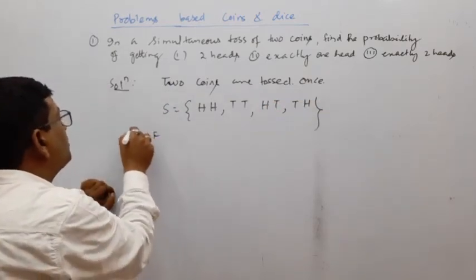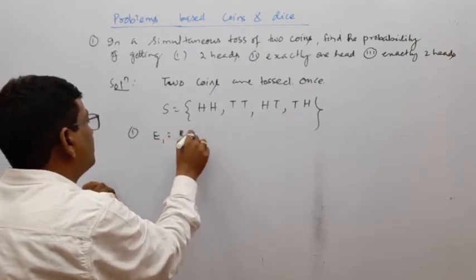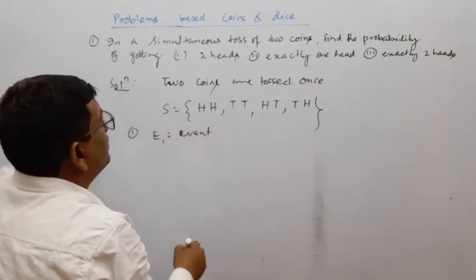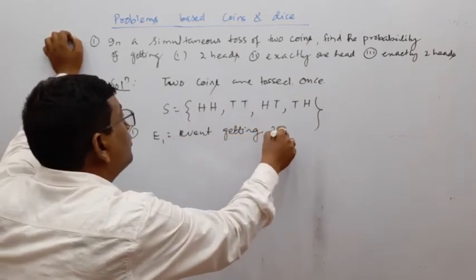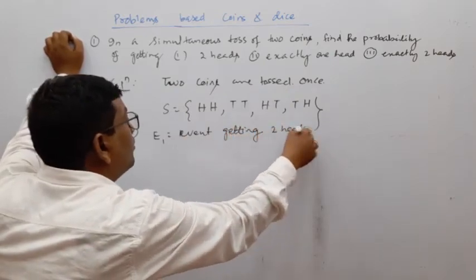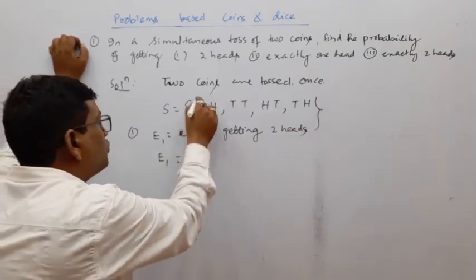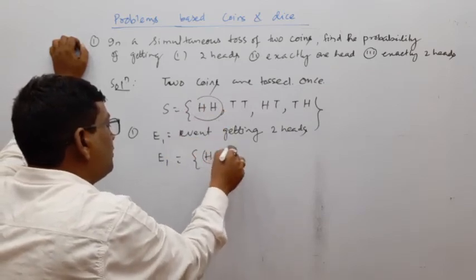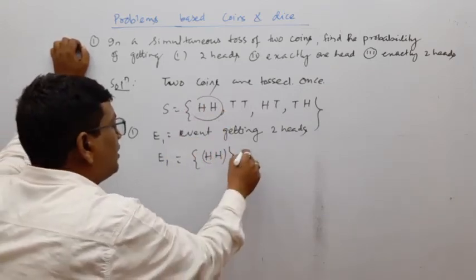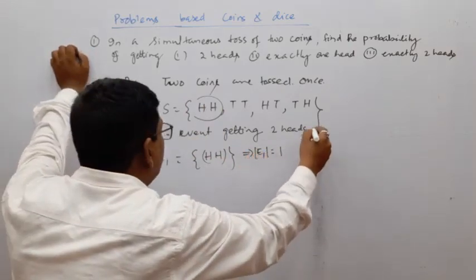Now first part, E1 is equal to the event of getting two heads. What is the event E1? This is two heads, HH. Only one element, that is cardinality of E1 is equal to 1.